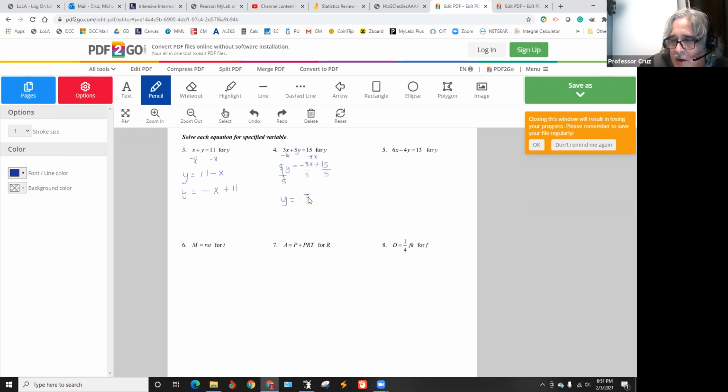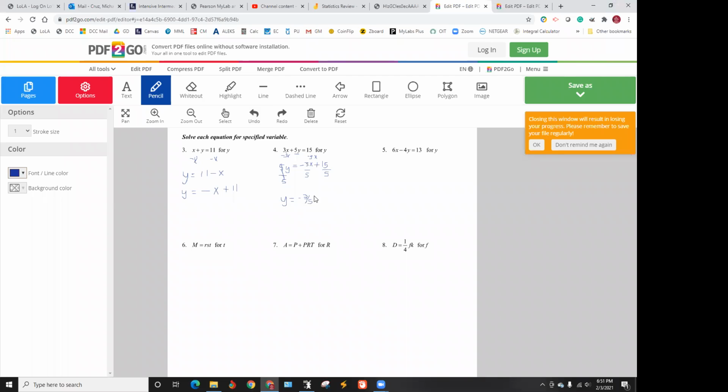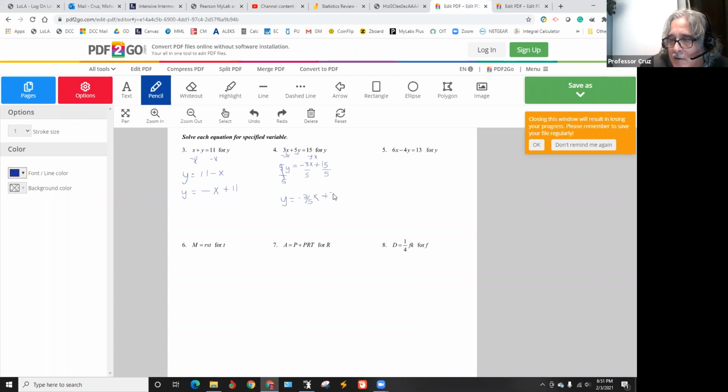So that's 3 fifths, plus 3. Yeah, and 15 divided by 5 is 3. Good.